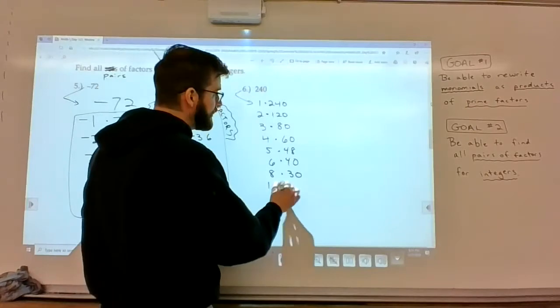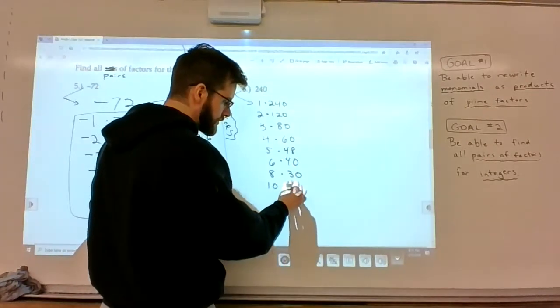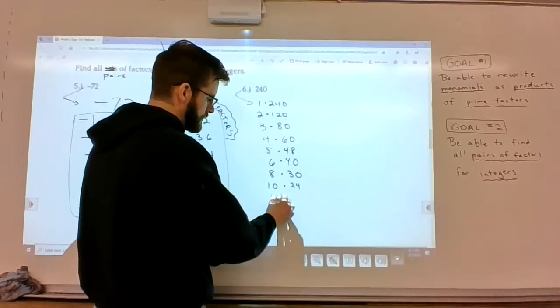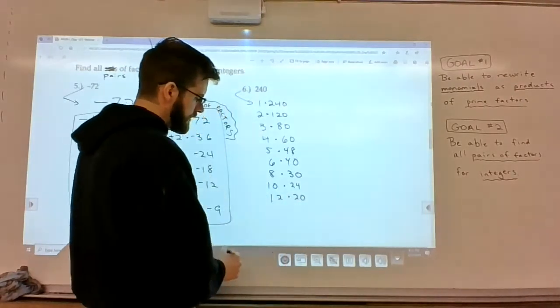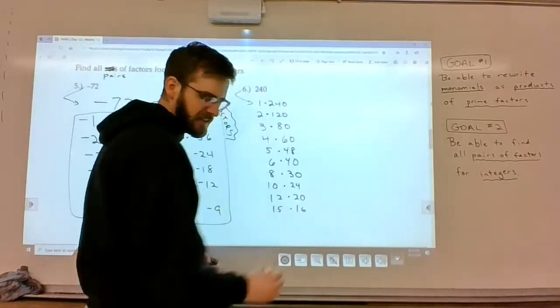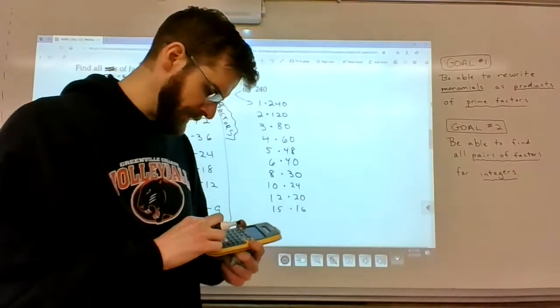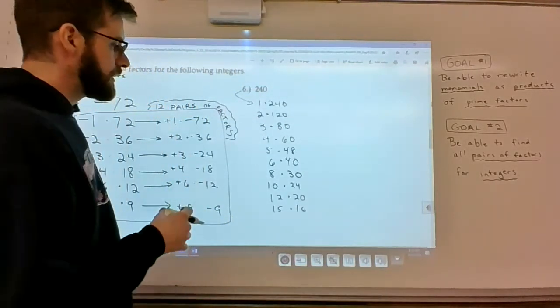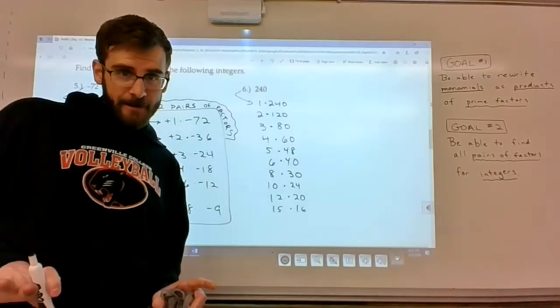It does divide 10 though, because it ends in a 0. 24 times 10. 11, 12, 20, and then 15, I think 15, 16. Let's double check that. Yippers. Okay, now, hopefully you guys got that.